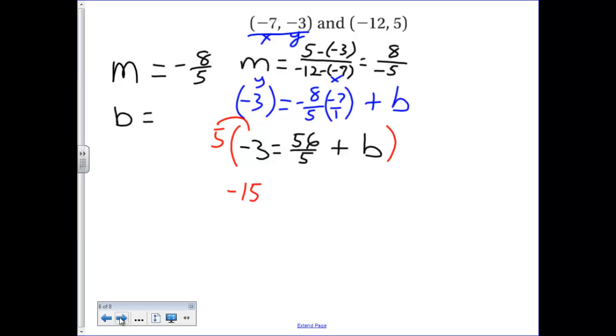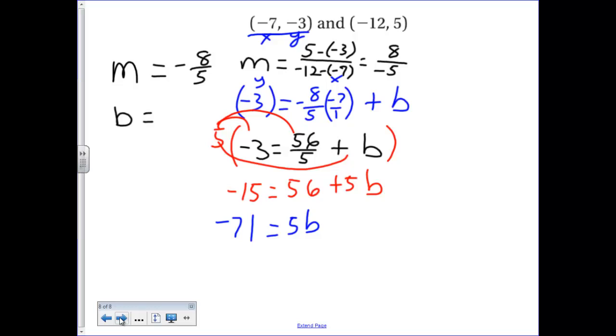So I have negative 15 equals 56 plus 5b. Now all I got to do now is subtract 56 from both sides. So I end up with 5b. Negative 15 minus 56 equals negative 71.